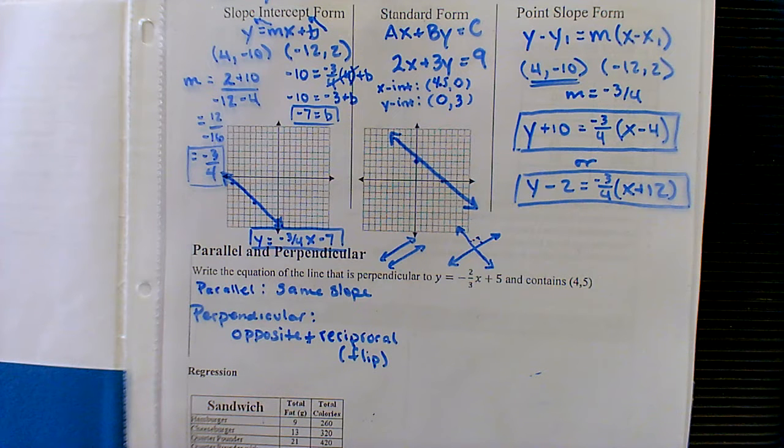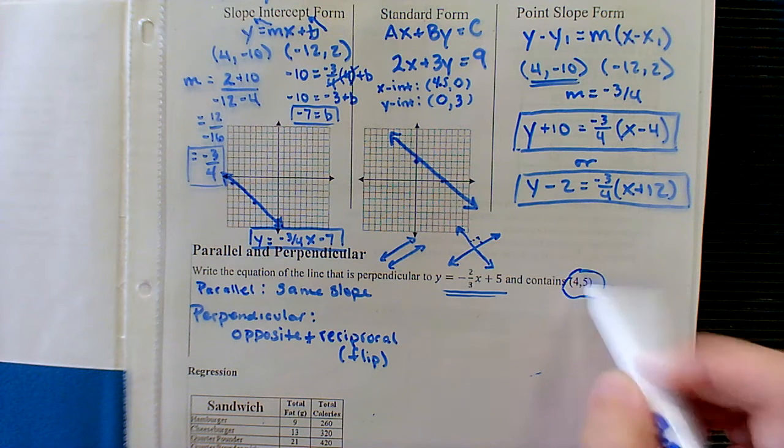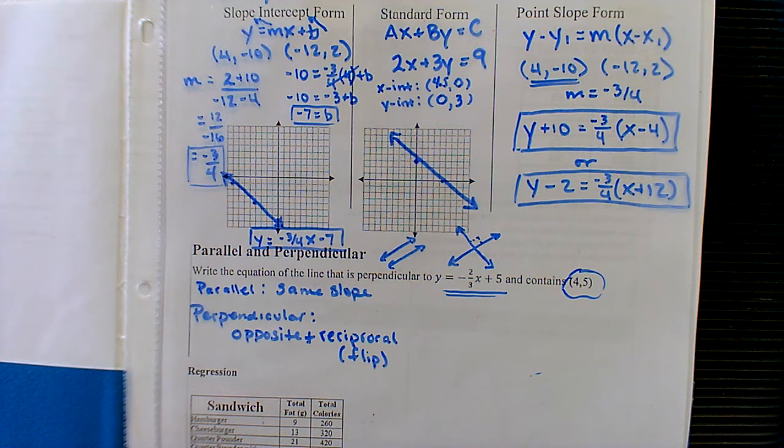Okay, so let's check out this example. Write the equation of the line that is perpendicular to this linear graph and contains the point 4, 5. All right, so if we're talking about perpendicular, we should be able to figure out a specific slope to use, and they also give us a point to use.